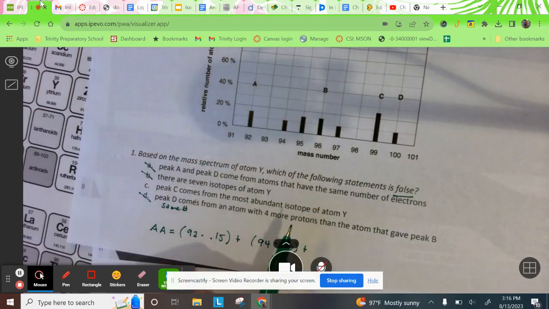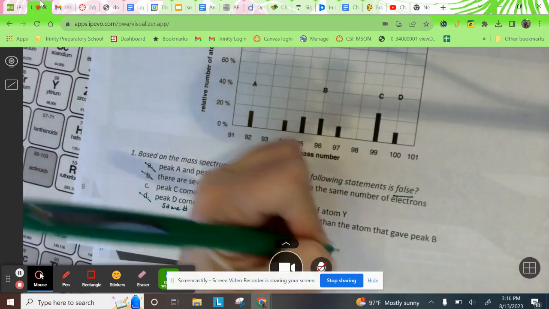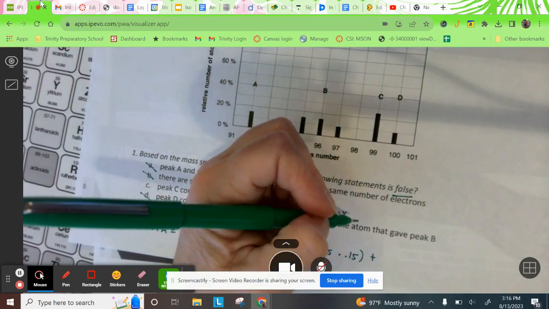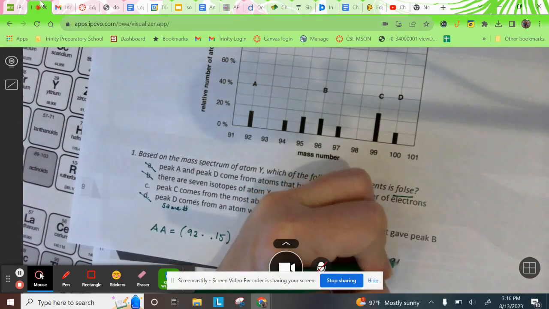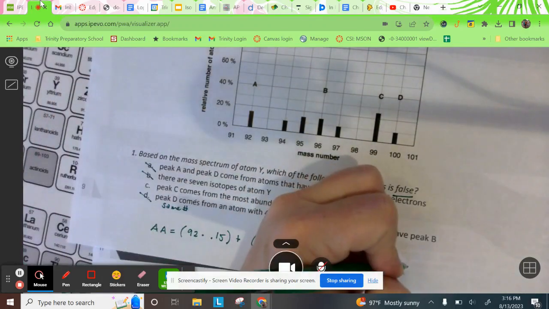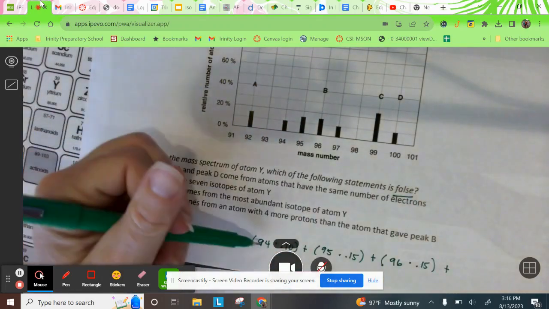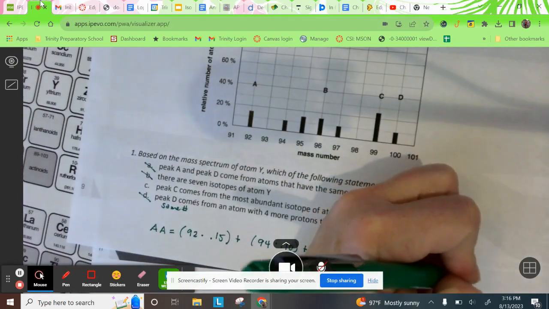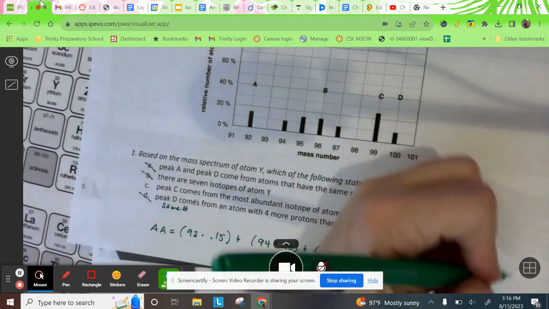Okay, and the next one looks like it's also about 15, so I have 95 times 0.15 plus, and then the next one is 96, also at 0.15. What do I have? 1, 2, 3, 4. So we're now at 97. So 97 times, that one looks like it's at 0.1 or 10%.